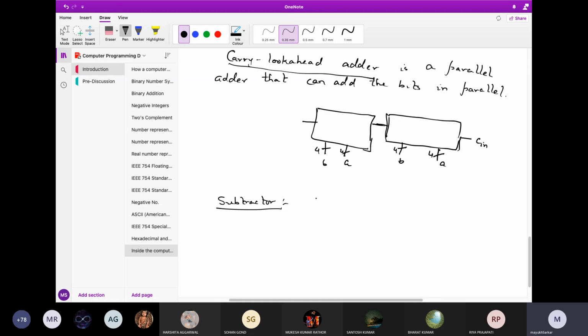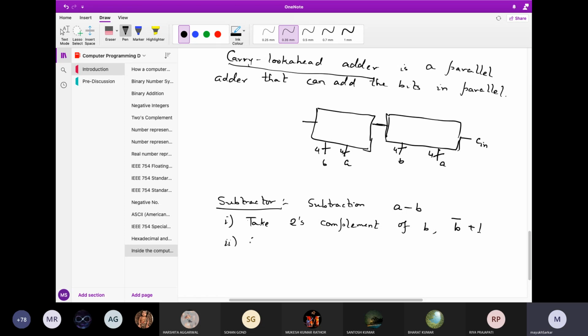If you can remember that subtraction, if we do the subtraction, say A minus B, this is nothing but take 2's complement of B, which means take the NOT of B and add 1 to it, right?